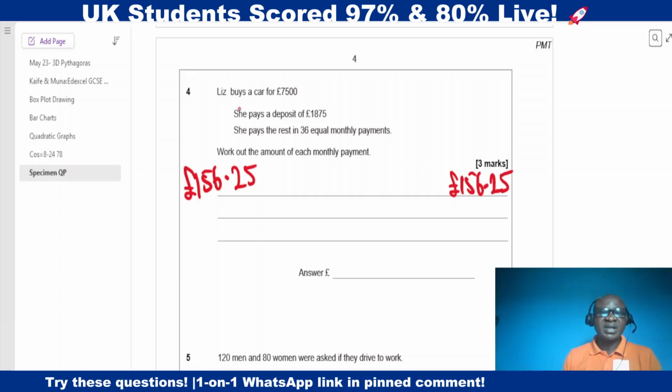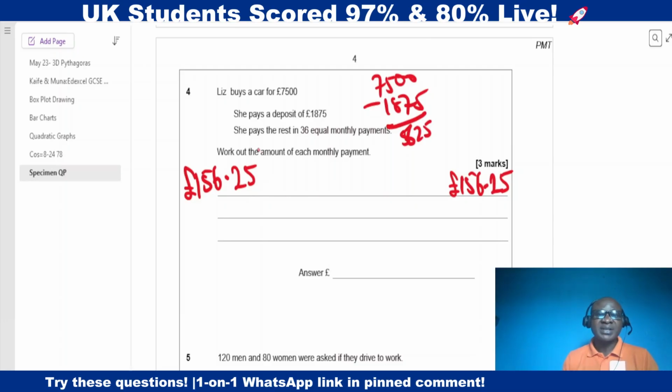First is that Liz buys a car at 7,500. She pays 1,875 pounds. So we are going to subtract it. 7500 subtract 1875. When the subtraction is done, that is going to give us exactly 5625.